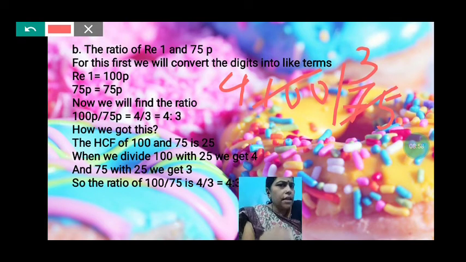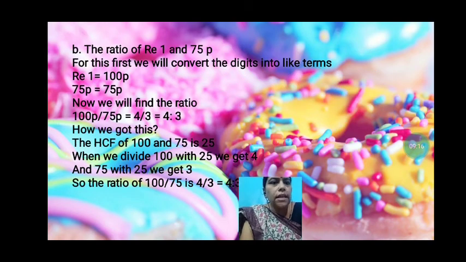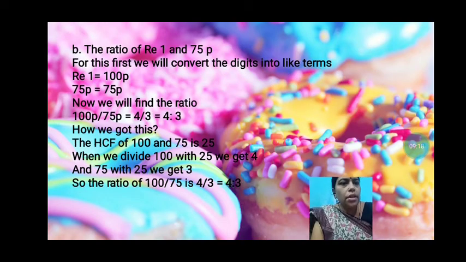When we divide 100 by 25, we get 4, and when we divide 75 by 25, we get 3. So the ratio of 100 and 75 is 4 by 3, or we can write it as 4 is to 3.